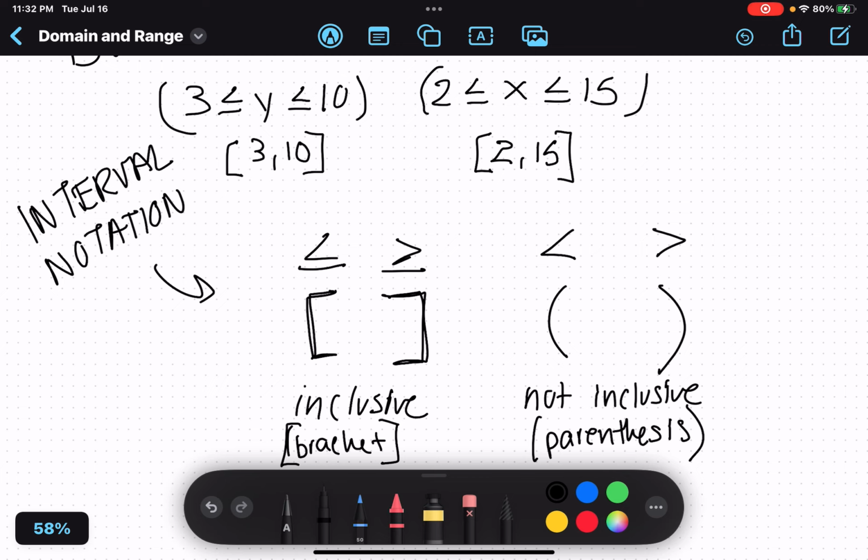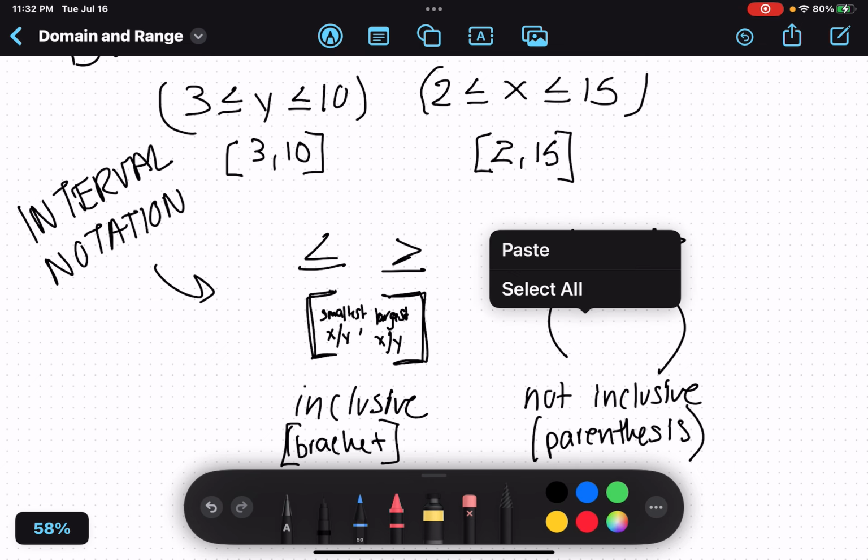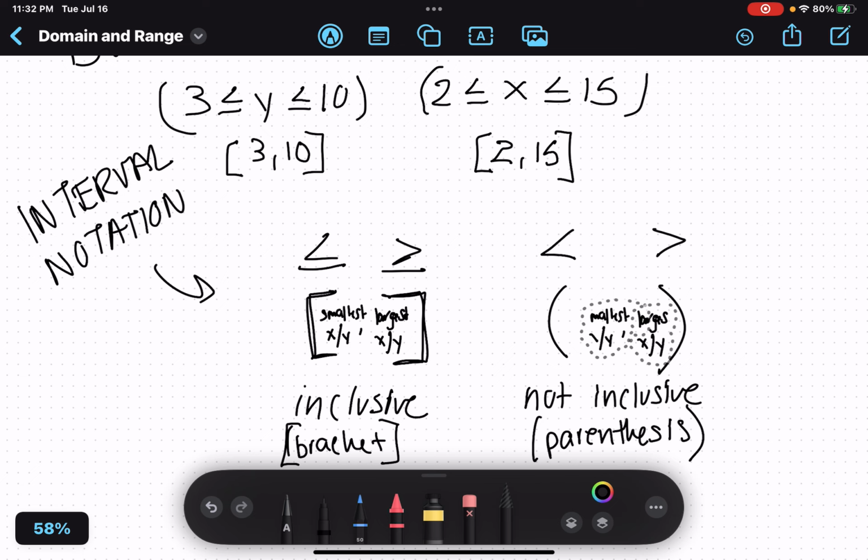There's always going to be your smallest x or y, and then your largest x or y, every single time.